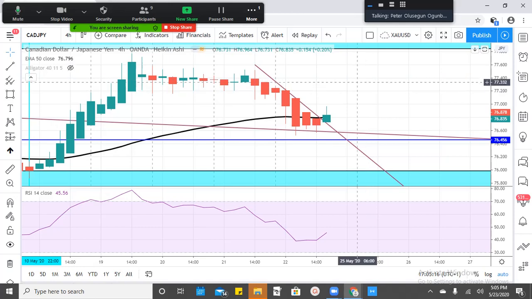When the EMA 50 is crossing, if a candle forms below it, like now we are selling, if a candle closes below it on the 15 minutes chart, it is an early indication that the market wants to sell. But still, you cannot enter.